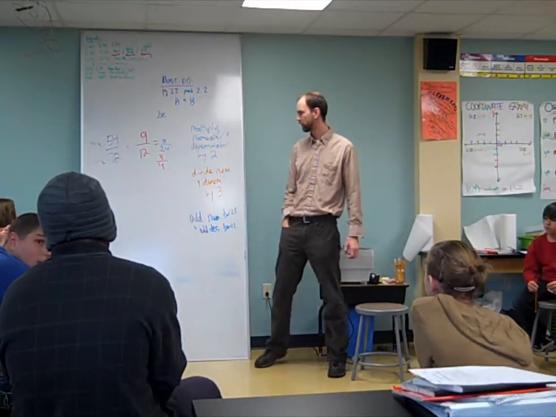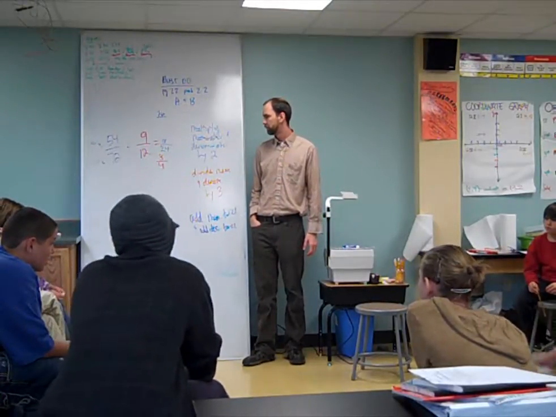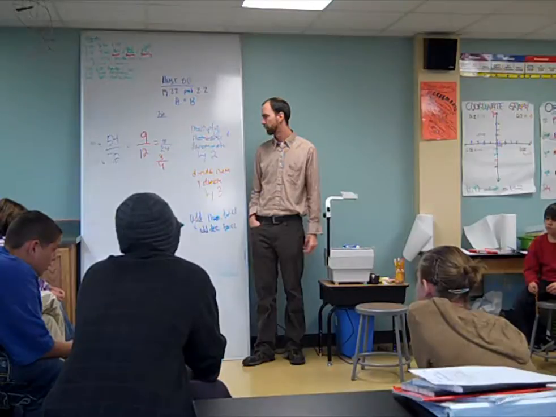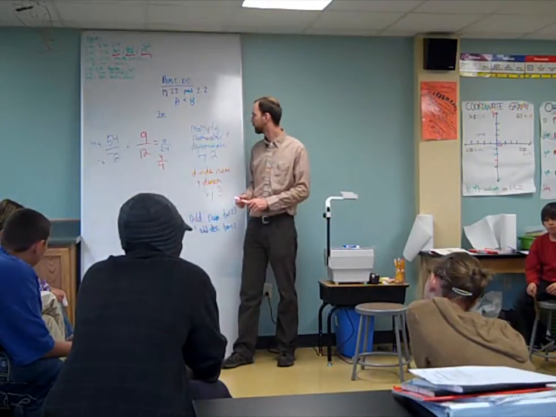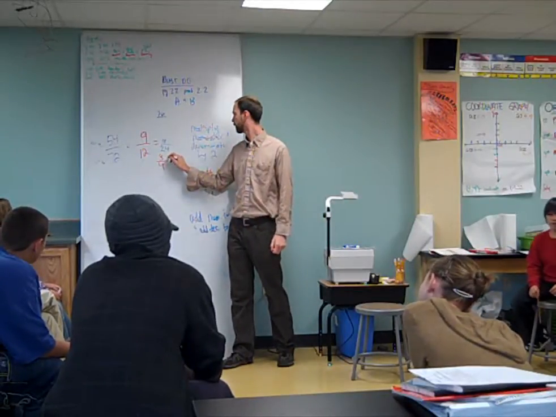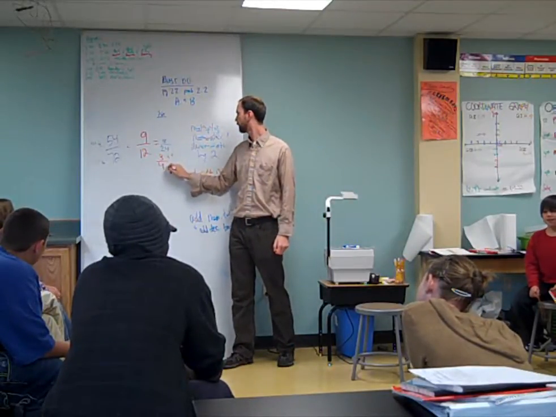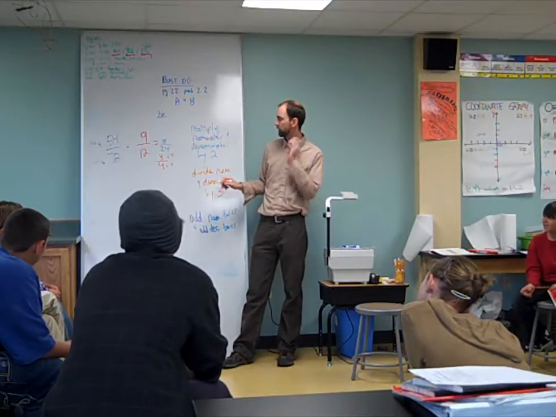Well, I wanted to know about the 3/4 would be 9/12 because I thought that we did like 3 times 4 would be 12. So I thought it'd be 8/12.